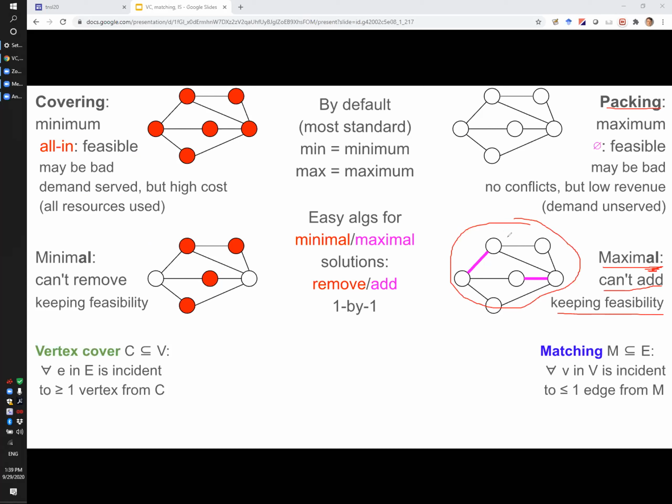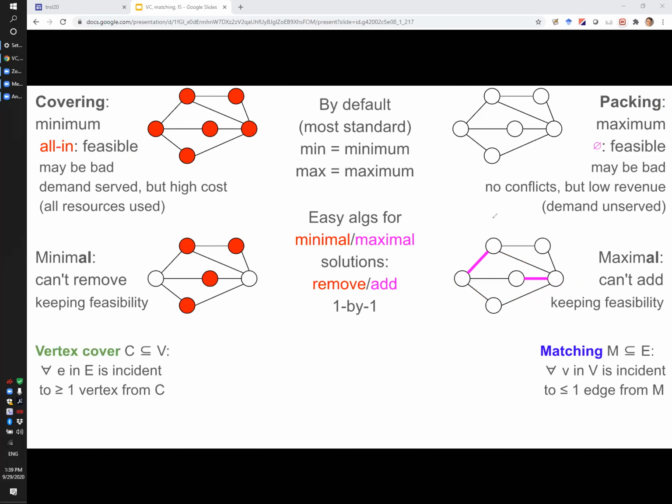Because if you try to add any edge, say you try to add this edge, oops, you have a violation at this vertex. 2 edges come to it. You try to add this edge, you have a violation at this vertex. This edge comes to it and this edge comes to it. You try to add this edge, you have a violation here, and so on. So any edge you try to add to this magenta matching, you will have a violation, because you would have 2 edges in the matching coming to the same vertex.